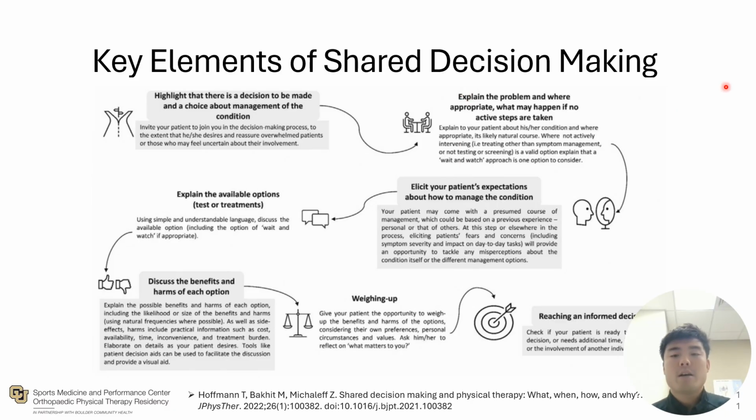So here's a broad figure about the timeline or how things go within shared decision making, or some key elements here. This is a pretty lengthy slide, but we're going to go into detail about each section. Really, I wanted to highlight the point of this.